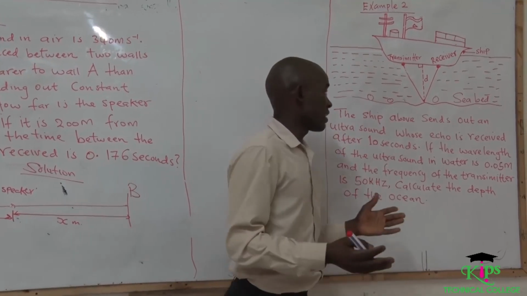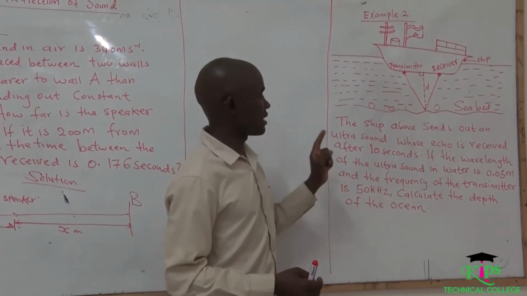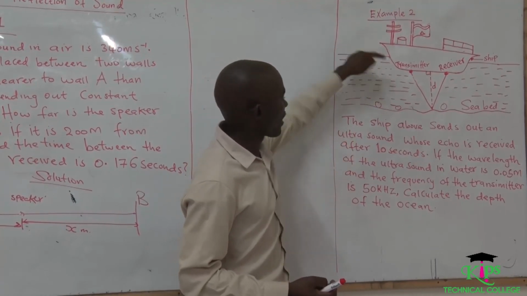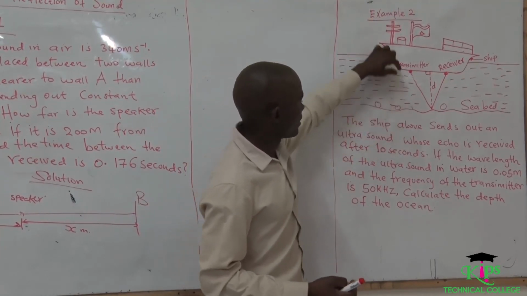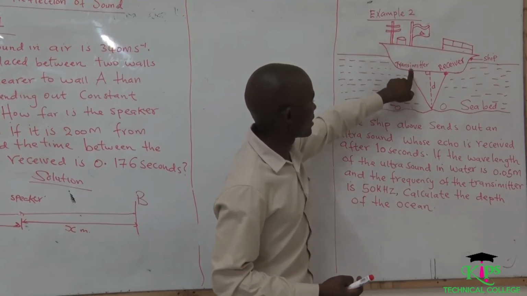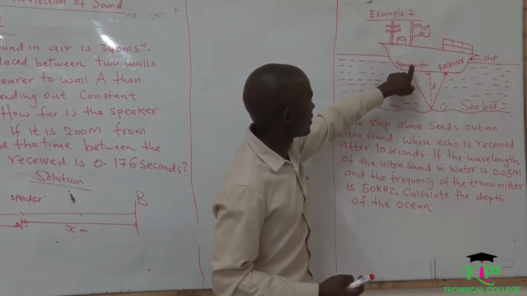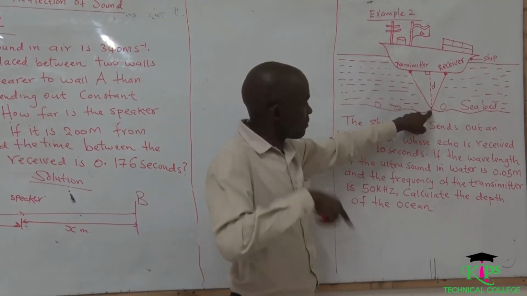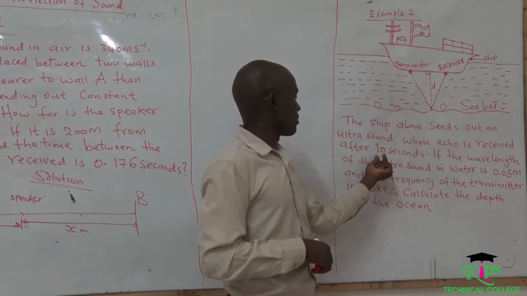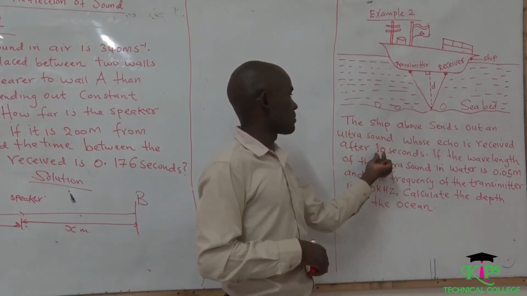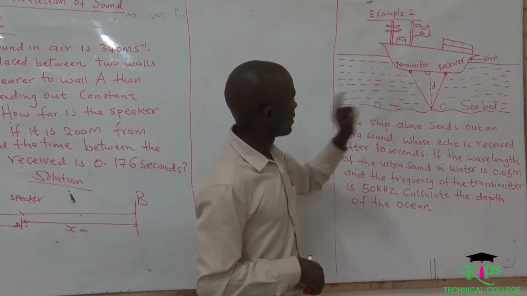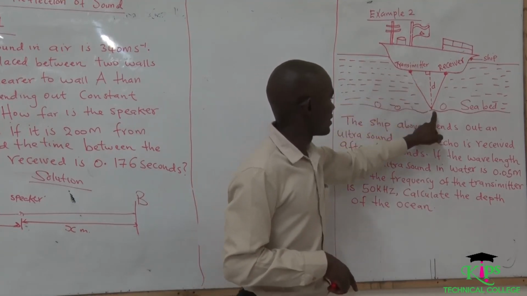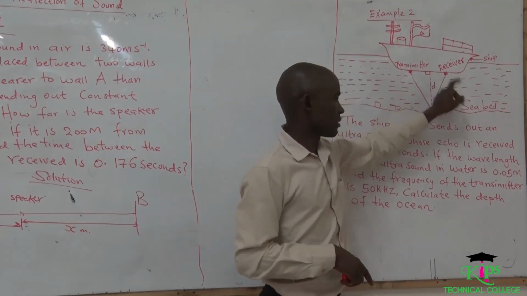And we have said, if an echo is received in 10 seconds, then it means that sound takes 5 seconds. Take a half of this. But because an echo is double, that is why it is 10, meaning 5 times 2. So the transmitter sends a sound, to get to the seabed, it is reflected back.